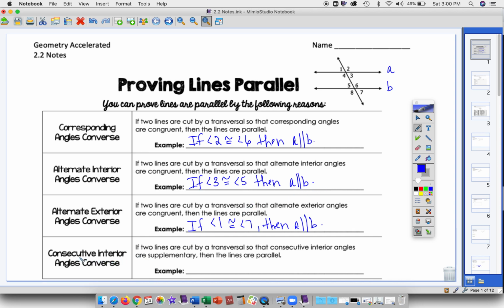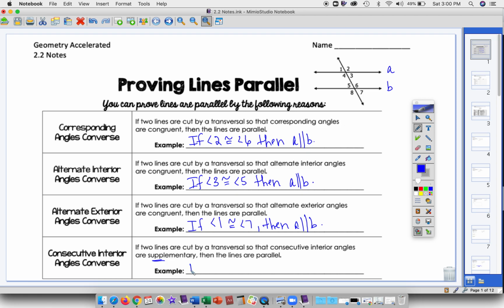And lastly, our consecutive interior angles converse. This one says if two lines are cut by a transversal so that consecutive interior angles are supplementary, then the lines are parallel. So let's go with angles 4 and 5.